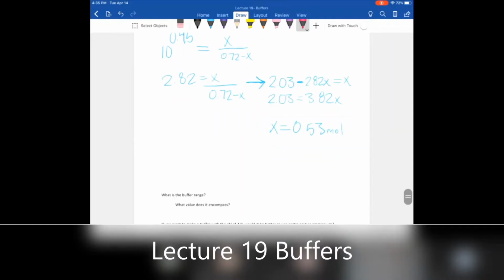So molarity equals 0.53 moles divided by 0.1 liter, which is going to give you 5.3 molar. So it's a pretty strong base that you just added. Does anybody have any questions about that? Did that make sense, what I did?